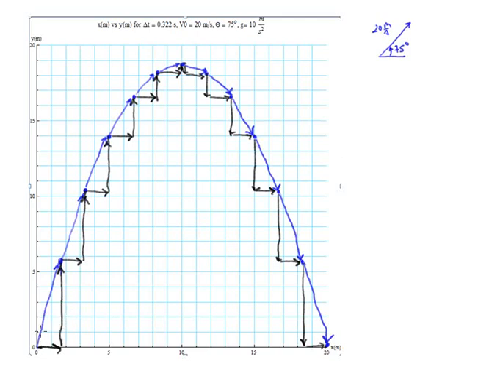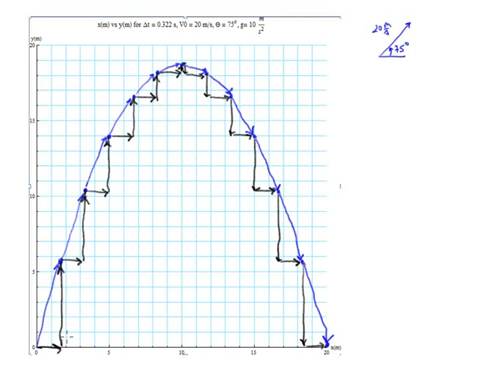You see displacement vectors here connecting the ball positions. What I've done here is broken each displacement vector, this one for example, into an x component and a y component.